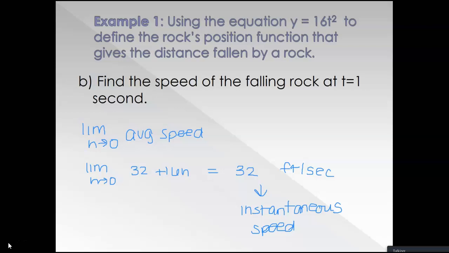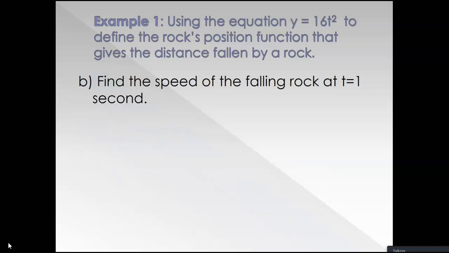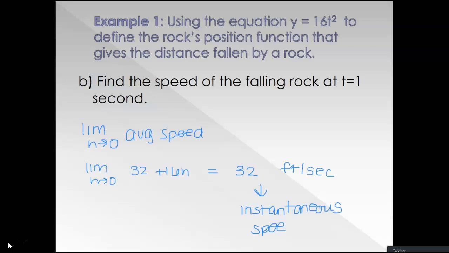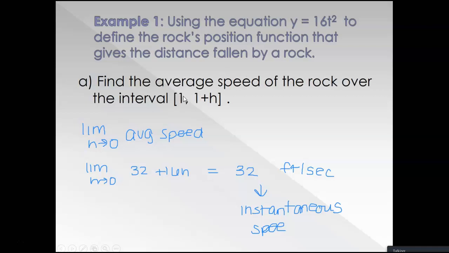T equals 1 has everything to do with it. T equals 1 is the time that speed occurs. If I plugged in t equals 2, I would have to go back to part A and plug in 2 for everything.